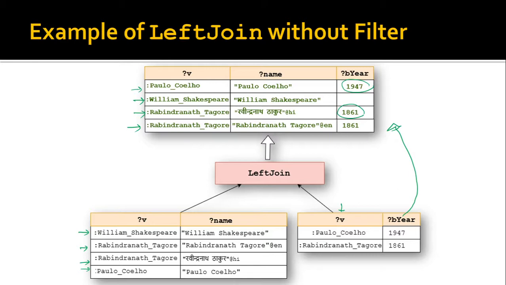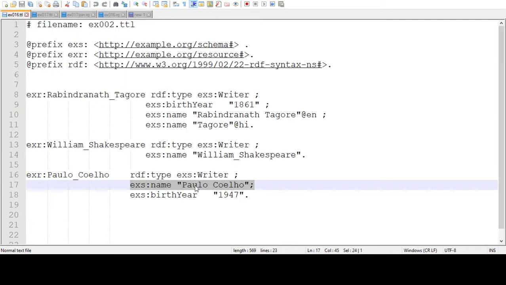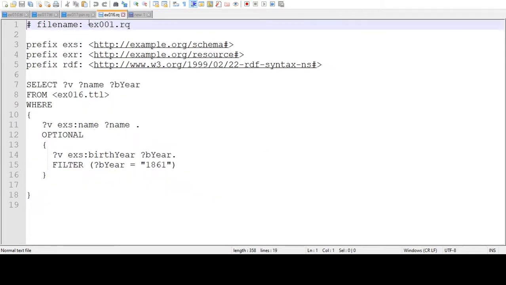So guys, we can check this out by running this query in the terminal, right? So let me check the files again. We'll be using, I guess, the graph ex016. So this is the query, right?